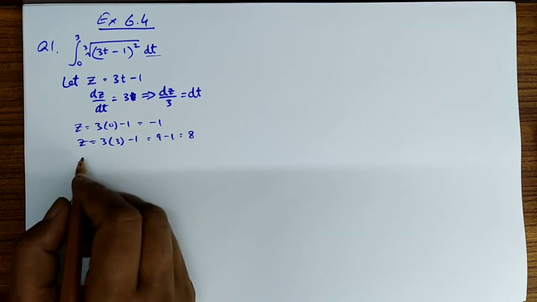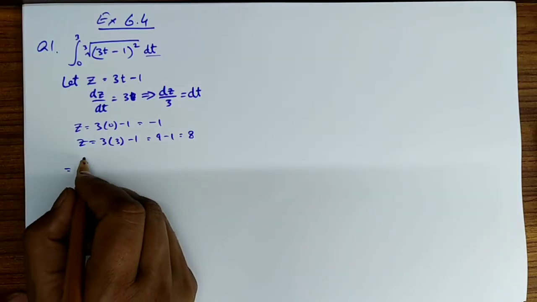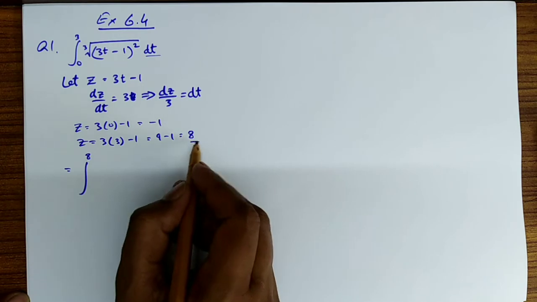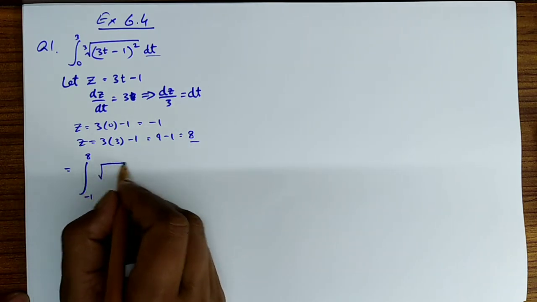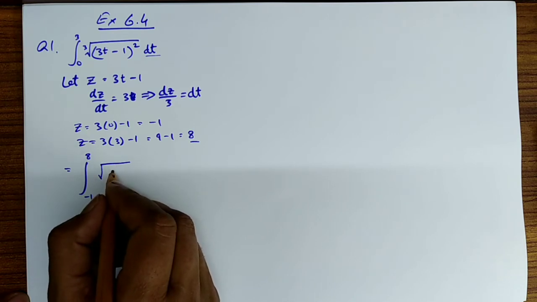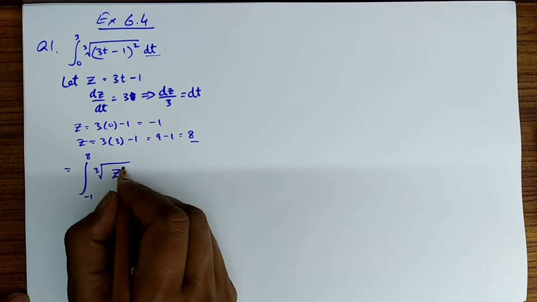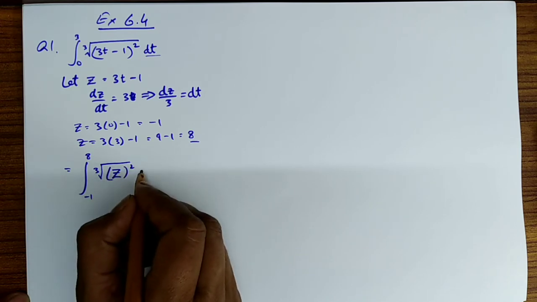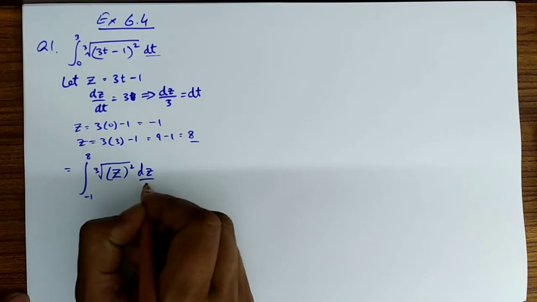Now putting the values, that will give me, the upper limit is 8 now, the lower limit is minus 1, and in place of 3t minus 1 I'm going to put z. Here I have 3 and here square. In place of dt I'm going to write dz upon 3.